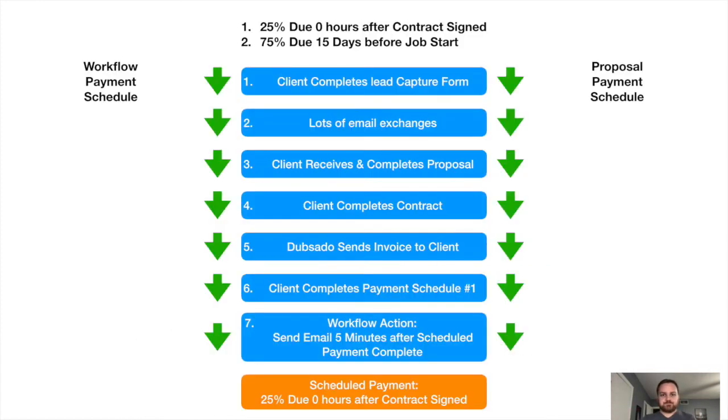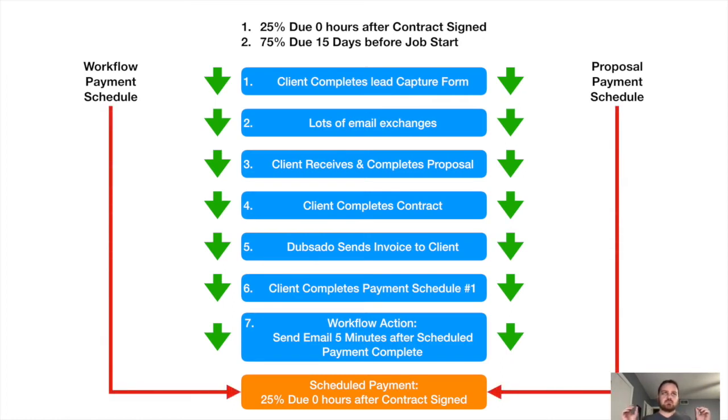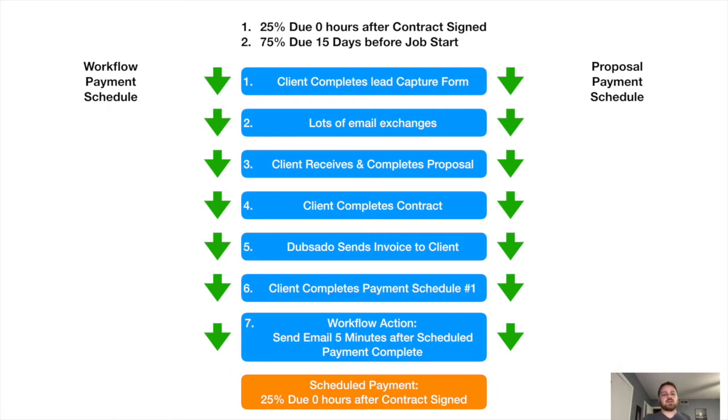Here's the trick. We're assuming that your payment schedule is the same for both your workflow and your proposal when they're applied, and it's just that Dubsado references them both simultaneously. But that's not actually what happens. Okay, so what's going to happen first is when the client completes the lead capture form, it starts your workflow, which has this payment schedule built into it.